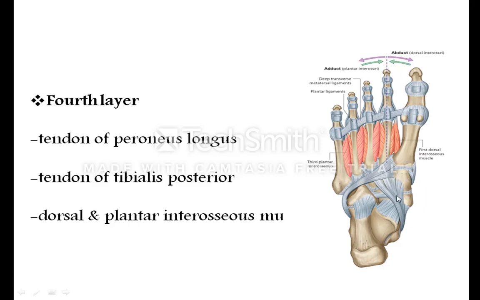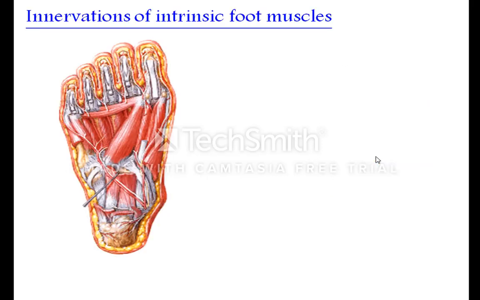And this one here is the tendon of the tibialis posterior muscle. The muscles are the dorsal and plantar interossei. This is the plantar interossei, and if we see them from the dorsum, these are the dorsal interossei muscles.